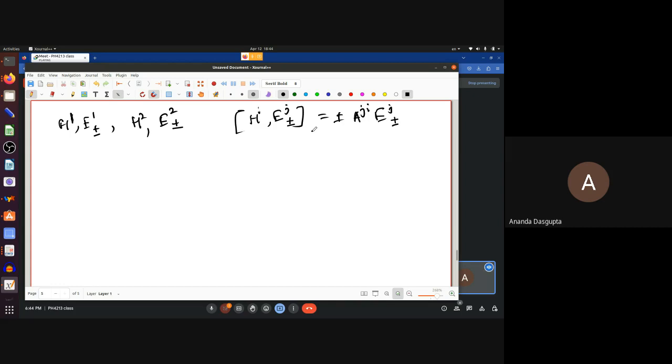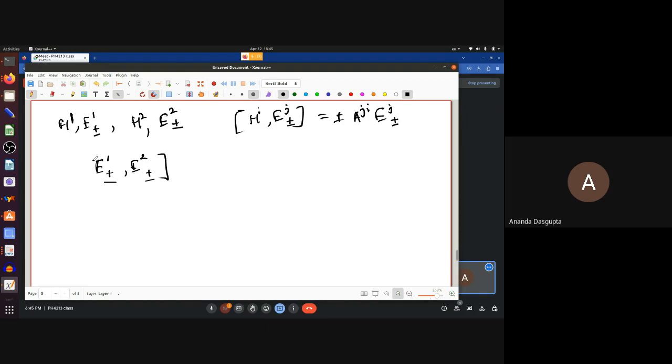So what other Lie brackets are there? We can have E_j and E_i commutators. So you can have things like E_1 plus E_2 plus. Okay, right? Which we have not seen so far.